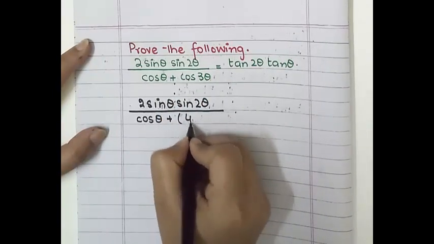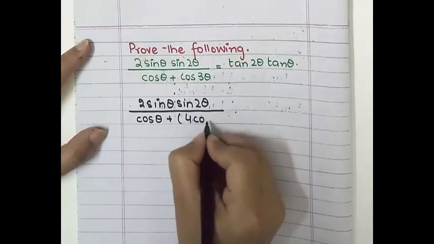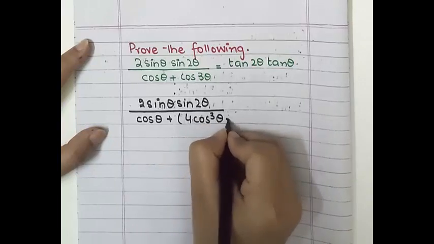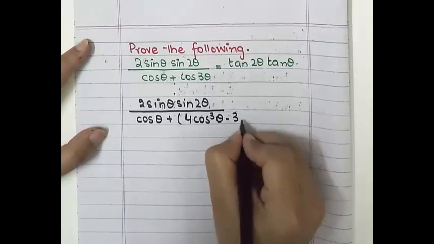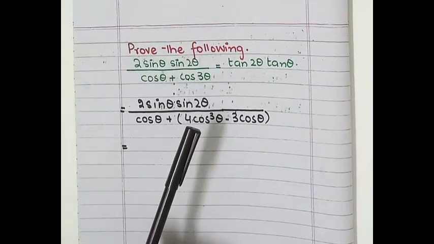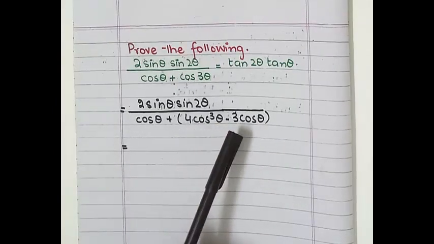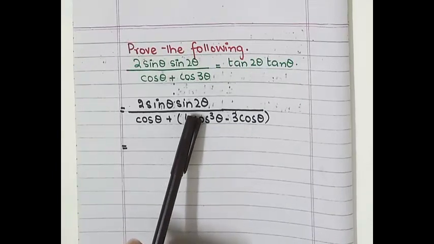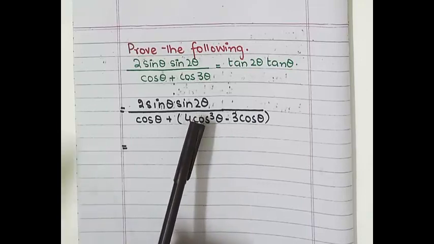Putting the formula, this is equal to 4 cos cube theta minus 3 cos theta, right? Since we are dealing with triple angle identities, we will put the formula wherever a triple angle comes. We will not put the value of sin 2 theta unnecessarily, right?